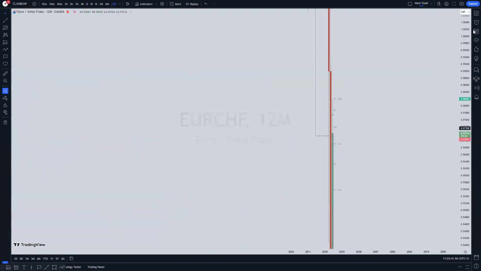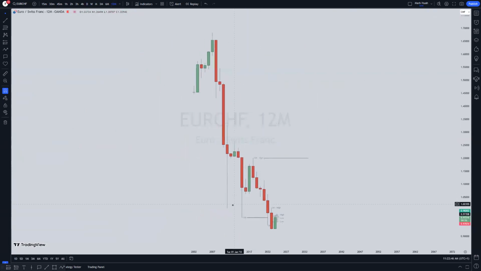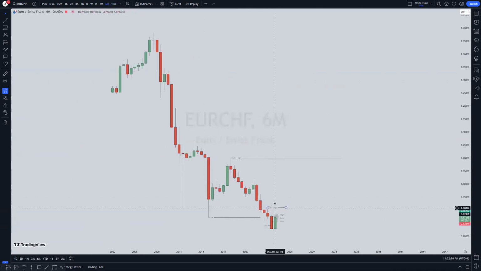I'm just going to run this quickly on the 12-month chart, which is the 1-year chart. What do we see? We had a very major structure. Then when we drop down to the 6 months, we don't have anything here. There's no structure on the 6 months.